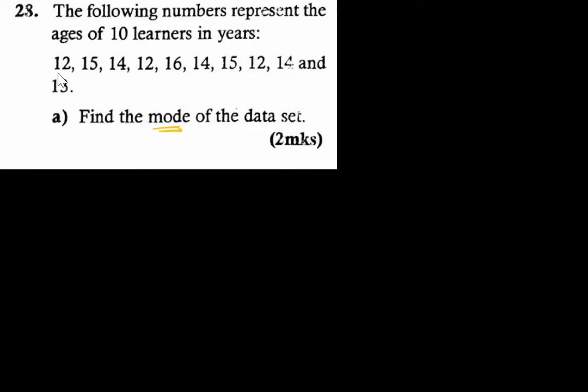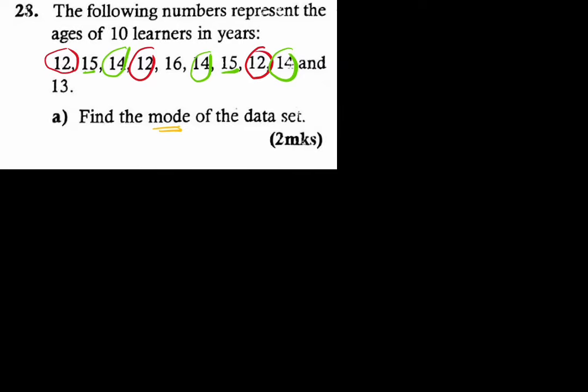You can see here we have 12. 12 is repeated how many times? Here we have 1, 2, 3. Also we have 14. 14 is repeated how many times? 14, I can use this green. 1, 2, 3. And then which other number? 15 is twice. 1, 2. 16 once, 13 once.